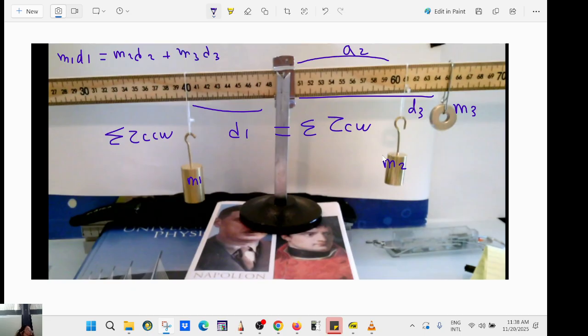And we can use that usually to find an unknown mass.